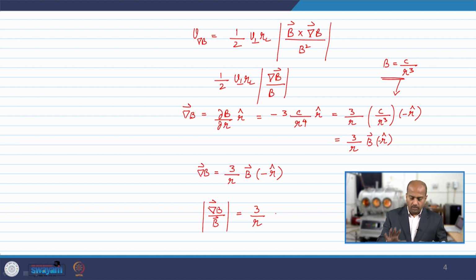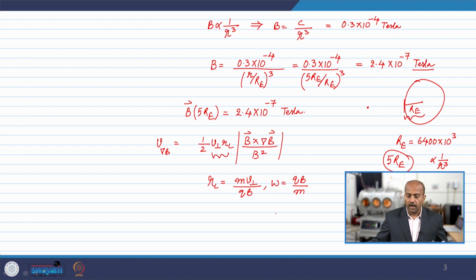So it may be confusing. Just to follow this, I'll go back. What I have done so far is, I know the magnetic field is proportional to 1 by r cube. That means it is falling off with 1 by r cube as we go away from r, right? So there is a gradient. The magnetic field is changing as we go along the distance r equatorially.